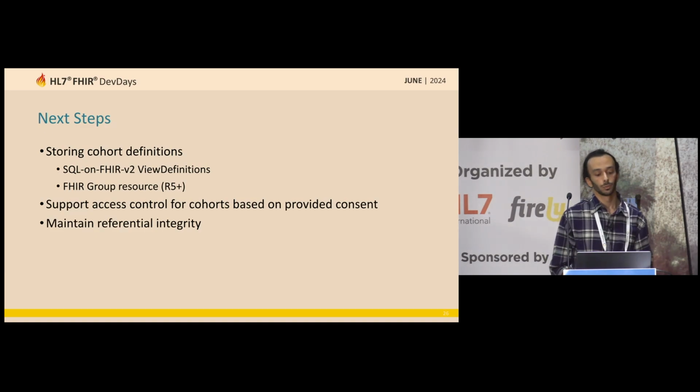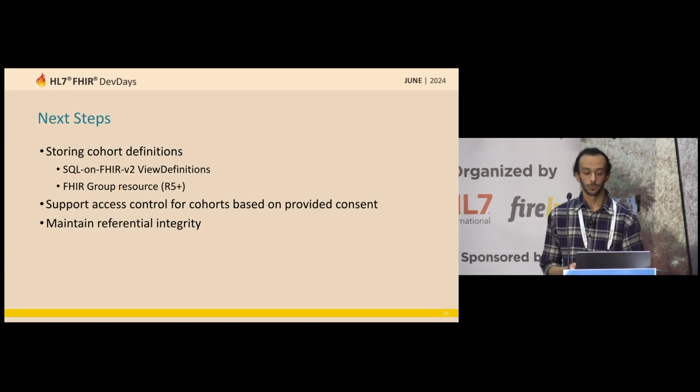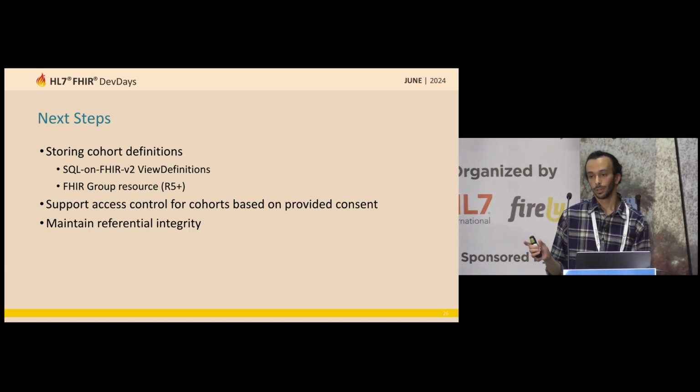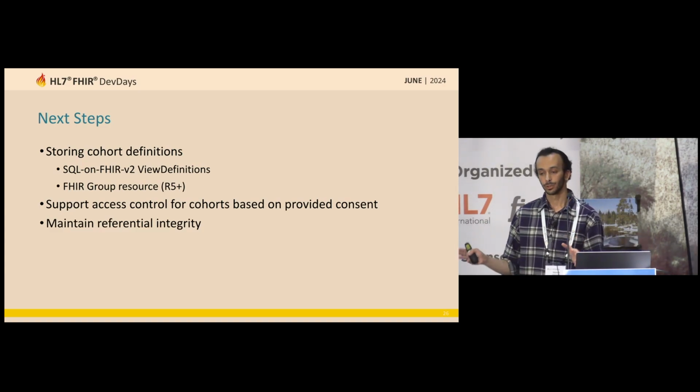One of the options was using the view definitions of SQL on FHIR v2. In the view definition, there is a where clause, which is basically just a FHIRPath expression. So one option is to put your FHIRPath expression in this where clause.